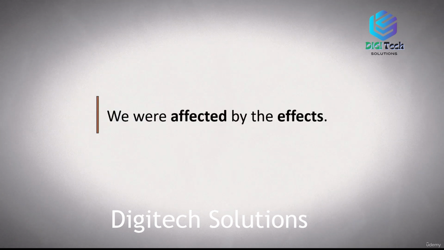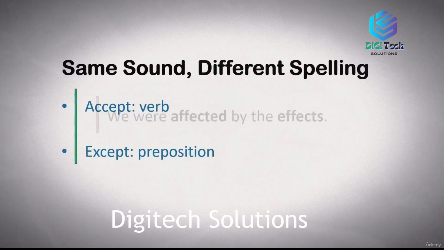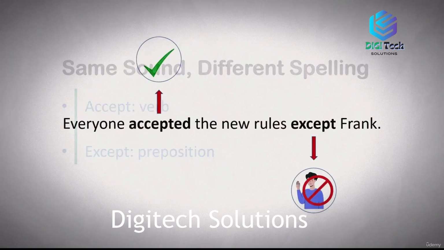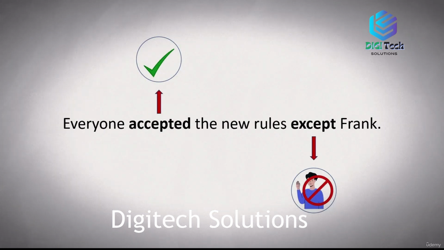We were affected, showing action, by the effects, the results, of the new policy. Accept and except. Accept is the verb. Except is a preposition. Everyone accepted, agreed to, the new rules except Frank.